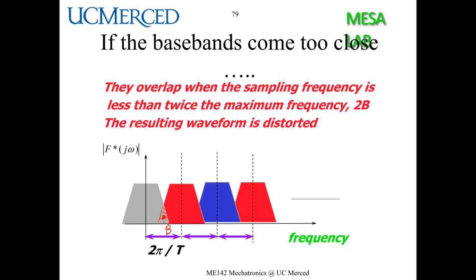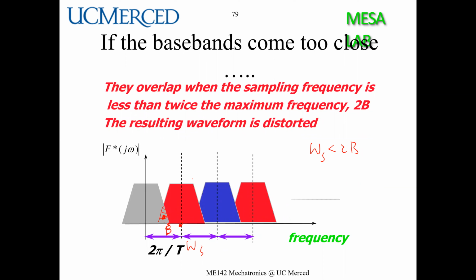The sampling frequency is less than twice the maximum frequency, 2B, okay? So this is sampling frequency omega s. It is not 2 times, so this is only 1 point something. Of course, it could be even worse. Okay, it's less than 2B. Omega s less than 2B means you have overlapping.